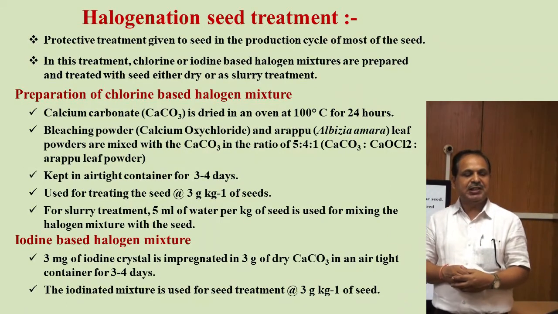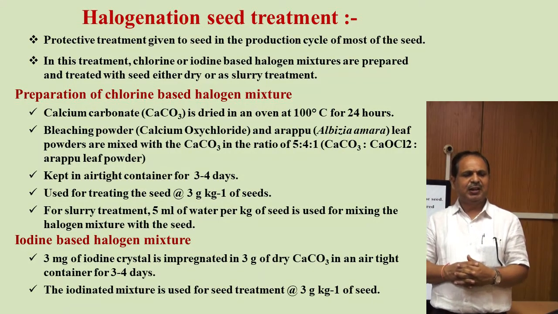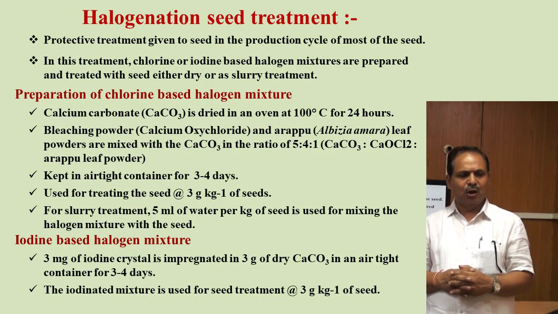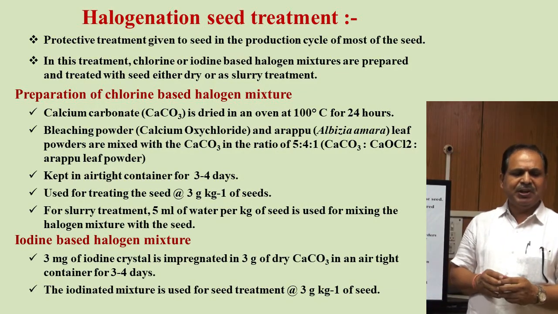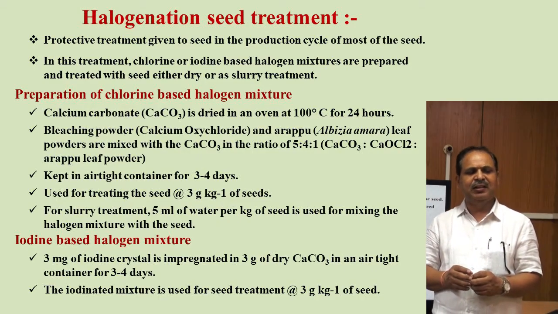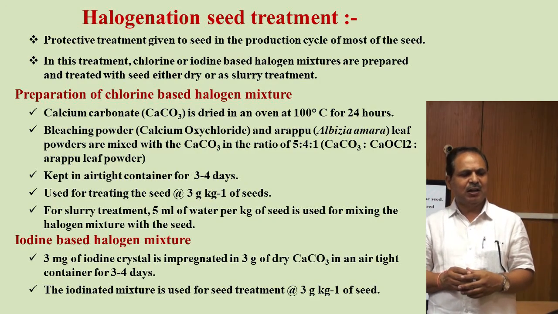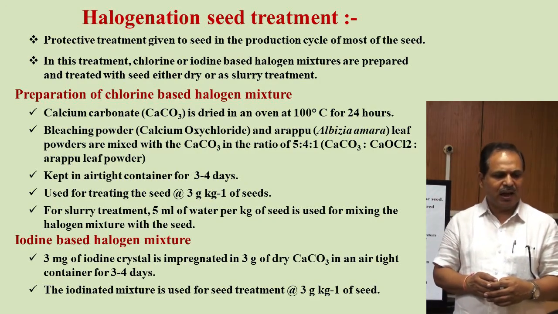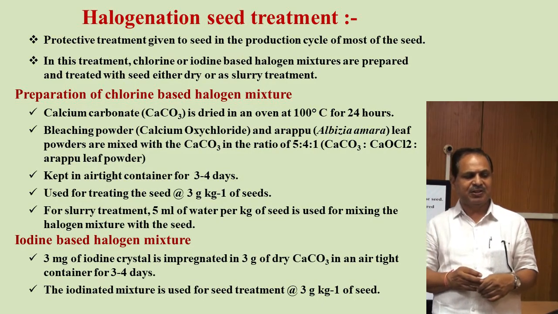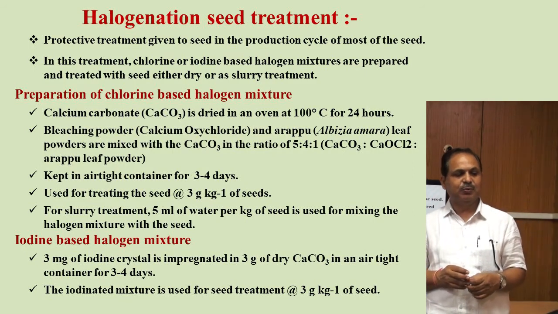Halogenation seed treatments are protective treatments given to the seeds in the production cycle of most of the seeds. In this treatment, chlorine or iodine based halogen mixtures are prepared and applied to seed either dry or as slurry treatments. The chlorine based halogen mixture can be prepared by this procedure: calcium carbonate is first dried in an oven at 100 degrees centigrade for 24 hours.